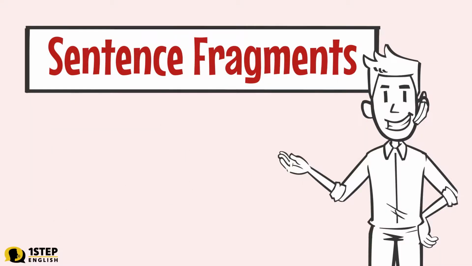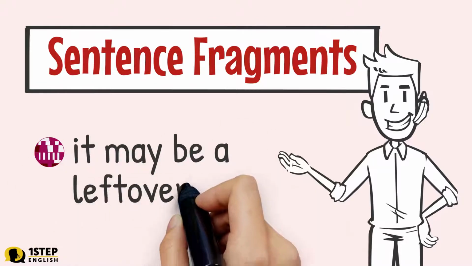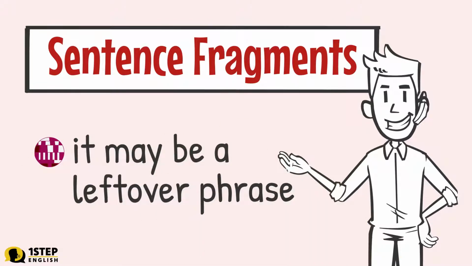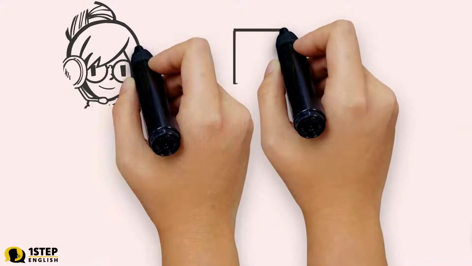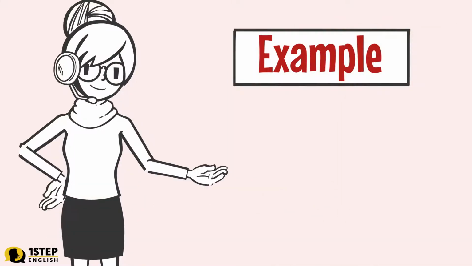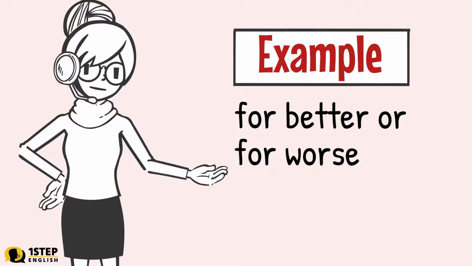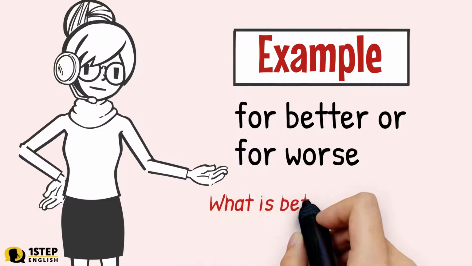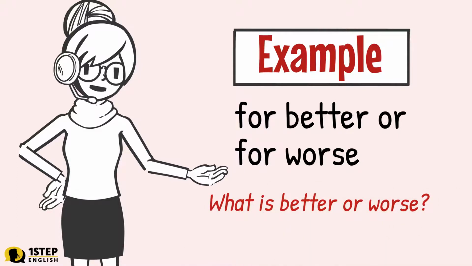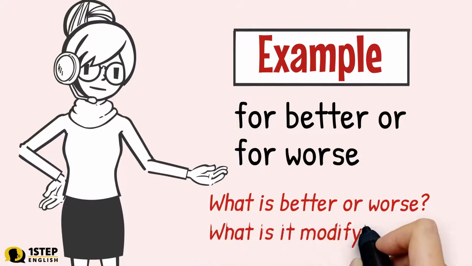You may identify a sentence fragment with the following. A sentence fragment may be a leftover phrase. For example, for better, or for worse. This may ask, what is better or worse? Or, what is it modifying?